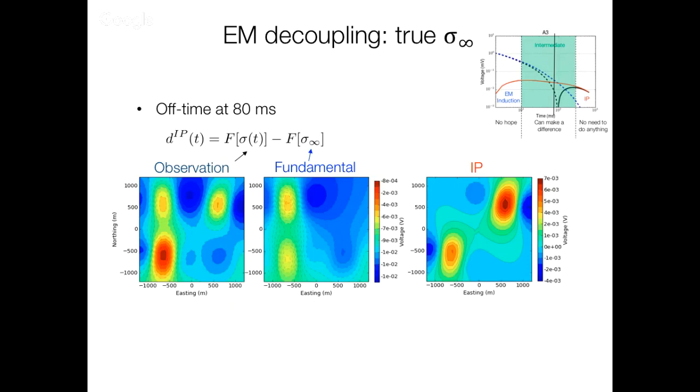And if I subtract this from that, then I get this, my IP response. So that's great, right? We have two chargeable bodies. There they are. And when we look back at the observation, we still would have seen these two guys, but there's another whole body out here that looks like it may have been chargeable if you interpret that as chargeability.